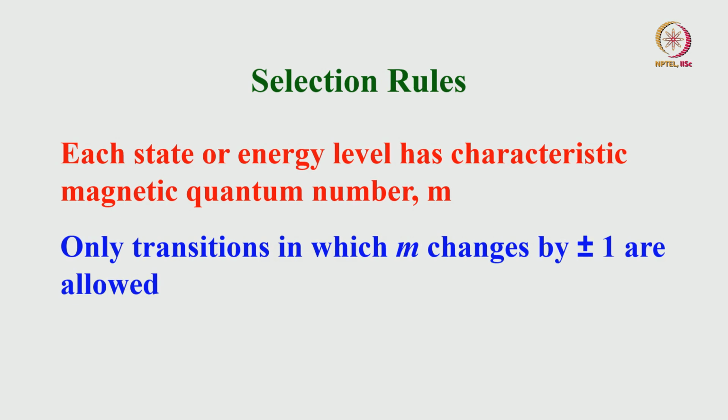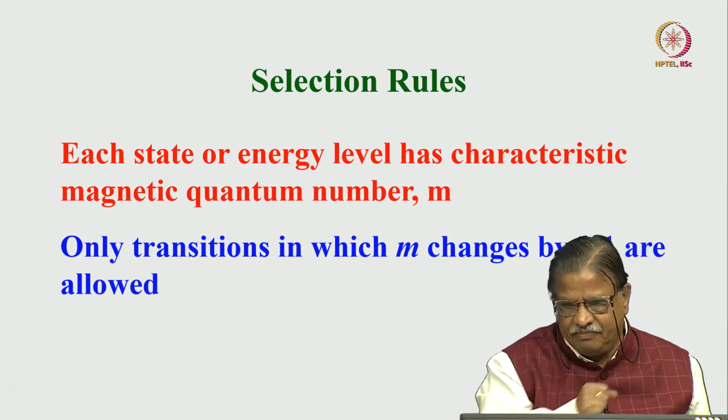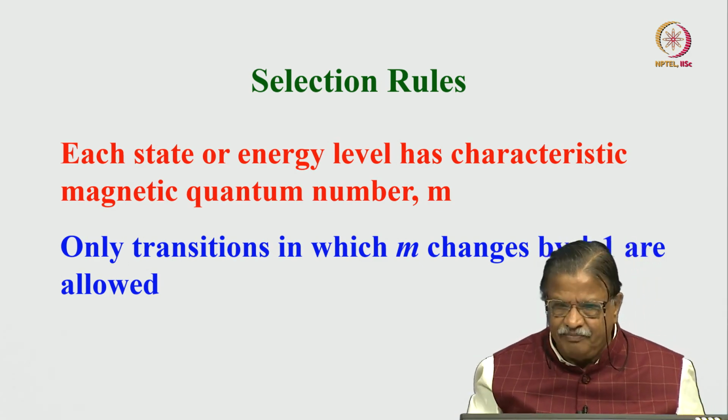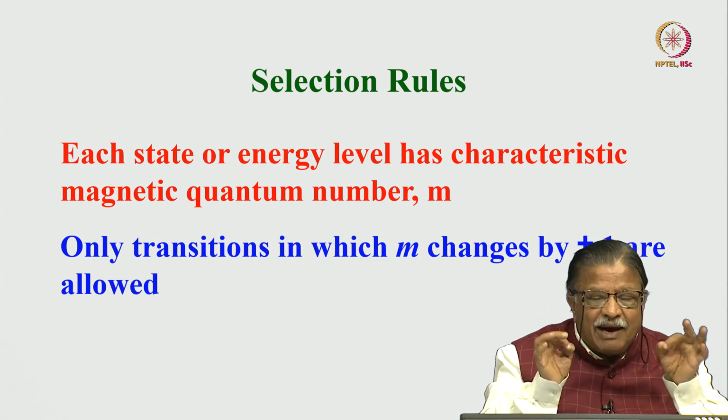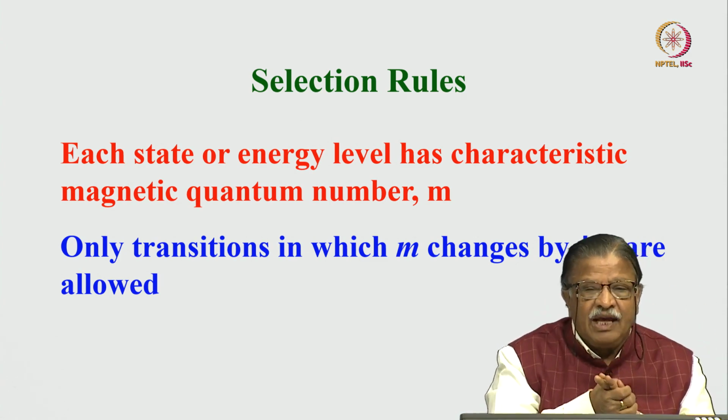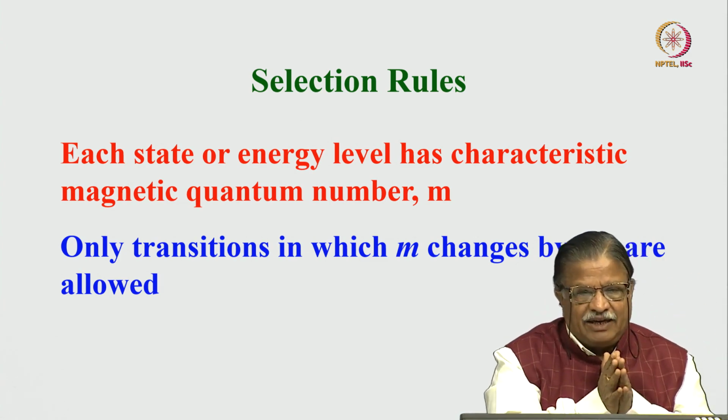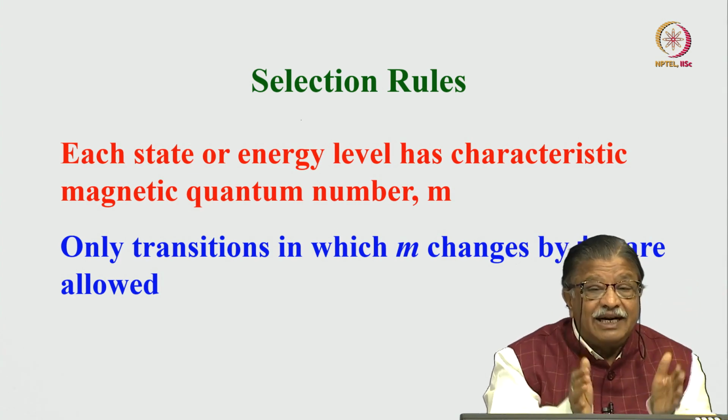There will not be any component of the magnetic moment vector in the xy plane, whereas the vector addition will be there along the z axis, similarly along the minus z axis for the beta state. Due to excess population in the alpha state compared to the beta state, a tiny net magnetization is developed along the direction of the magnetic field. This is called bulk magnetization, which is always parallel to the magnetic field direction, and it is static, it is stationary.